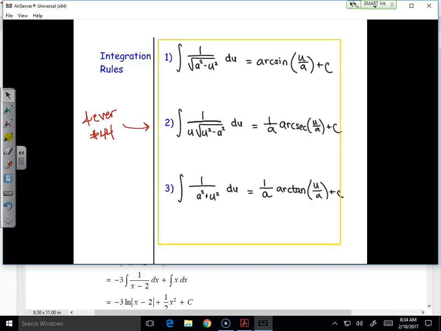Derivatives of inverse trig. So go find the section. Is it Forever 17 or section 2.6? Forever 17 or section 2.6?